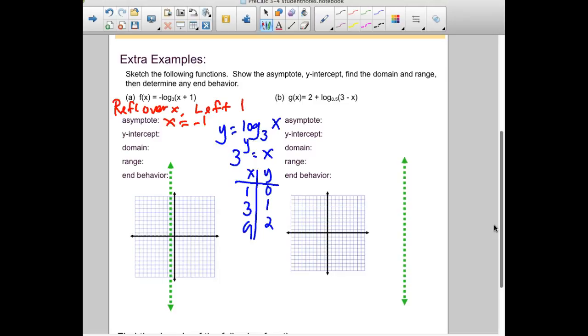And we just found that third point. So go ahead and plot those. And now we want to reflect them over x and shift them left 1. All right, so we end up with that log decay shape?